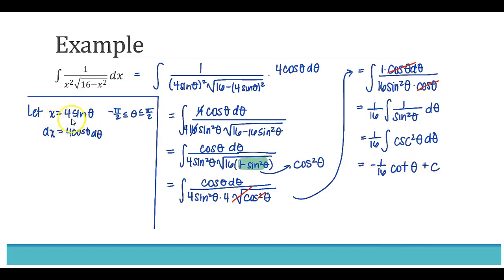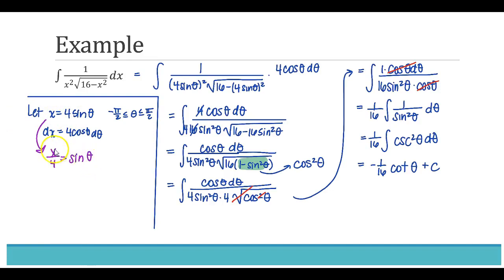To do that, I'm going to come back over here to our substitution. We let x equal 4 sine theta. So down here, I'll rewrite that as x over 4 is equal to sine theta. I'm just going to divide by 4. So what we know here is that sine of some angle theta is equal to x over 4.